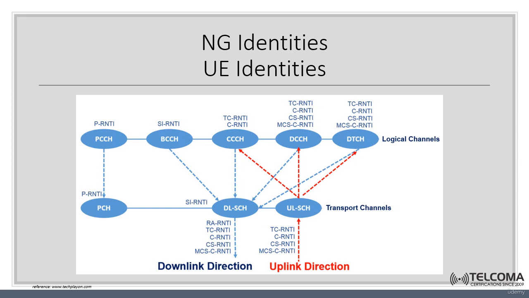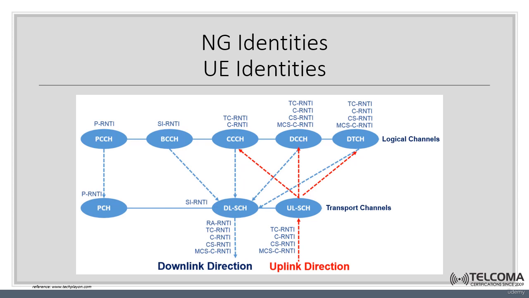You can notice also that some RNTIs are transferred over transport channels and over logical channels, and some others are only transferred over the transport channel and are not transferred over the logical channel. For example, the RA-RNTI, which is transferred over the transport channel DL-SCH for downlink direction, but there is no corresponding identifier over the logical channel.